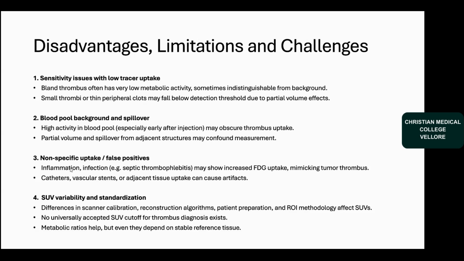If there is infection or acute inflammation, it might also show increased FDG uptake, like infection of the chronic thrombus also. So that might be a false positive. Catheters and vascular stents can cause artifacts. SUV variability might be due to scanner calibration, reconstruction algorithms, patient preparation, and time of scanning.